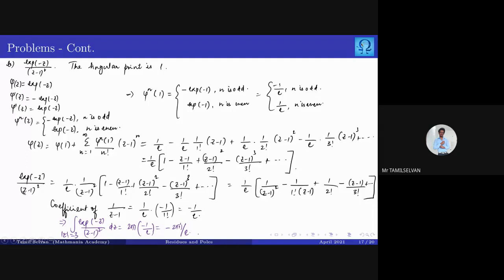So now if I make some changes in this, can you guys do it? Yes, sir. Okay. So let me modify this problem in two different ways. The first way, the usual thing, exponential of minus z upon z minus 1 to the power, yes, that is your roll number.